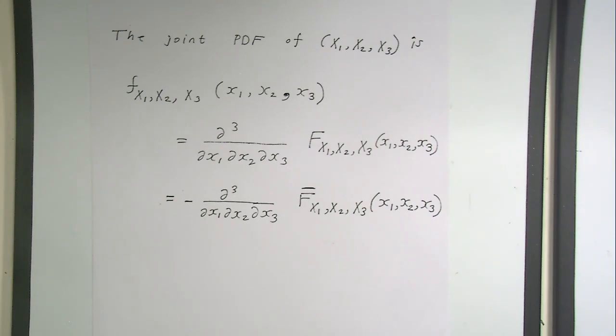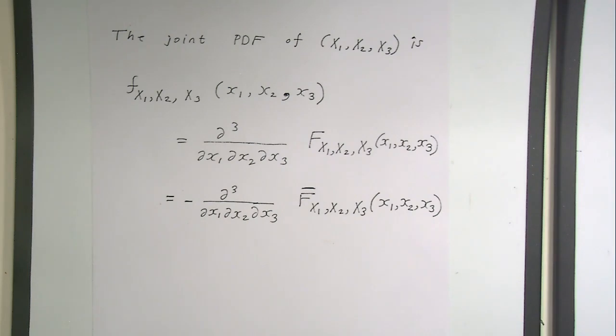Let me explain it in more detail. We have 1 minus, like this. And this is 1 minus the probability that x1 is greater than little x1, x2 is greater than minus infinity.